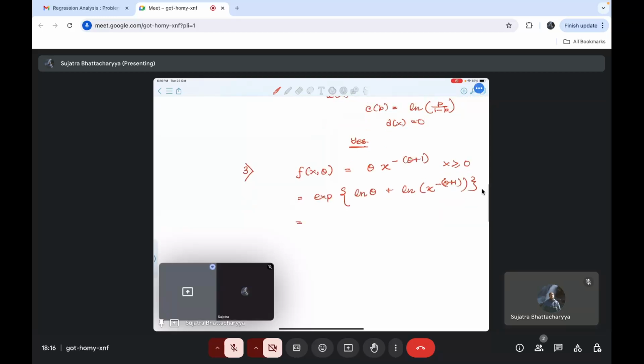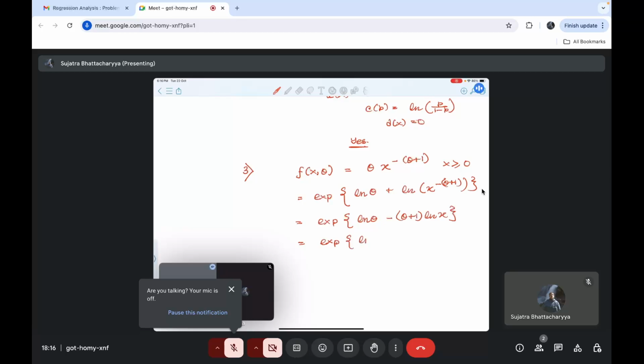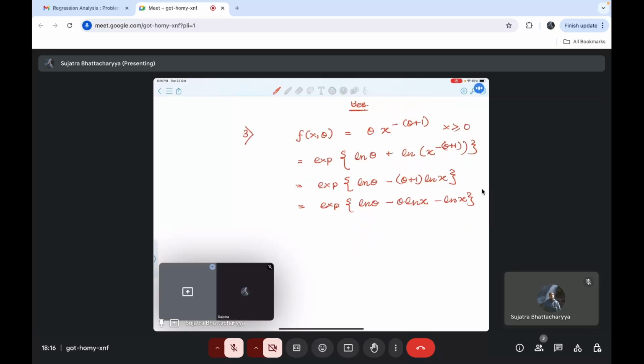Next, write the exponential as it is. This is log theta. Further, we can reduce this, so this will be minus theta plus 1 times log of x. Next, this will be exponential of log of theta minus theta log x minus log x. This we can finally write.